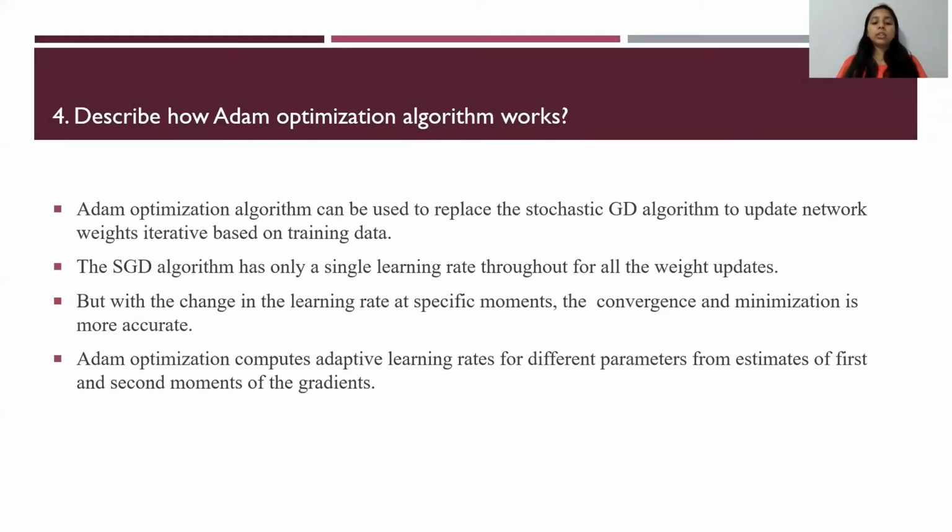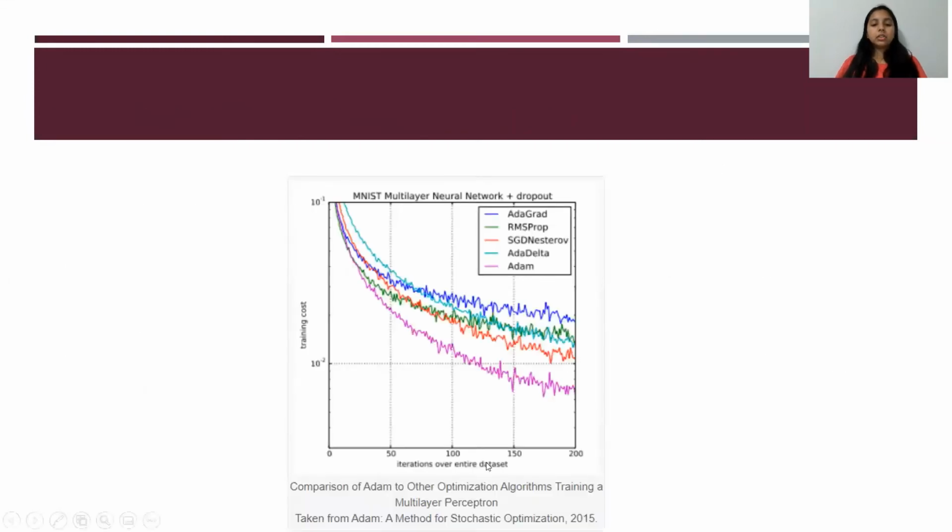Therefore, the Adam optimization computes the adaptive learning rates of different parameters from estimates of first and second moments of the gradients. So here we can see that the Adam optimization has the advantages of both the momentum algorithm and RMSprop algorithm, and we can see that the Adam optimization method is the best method among the other algorithms.